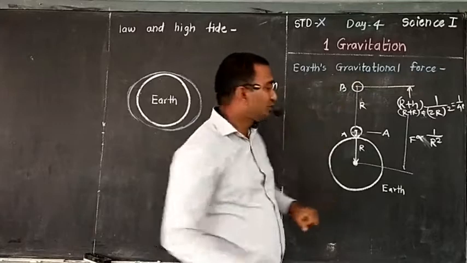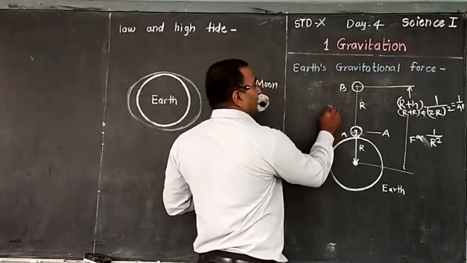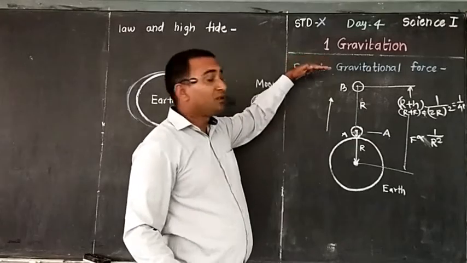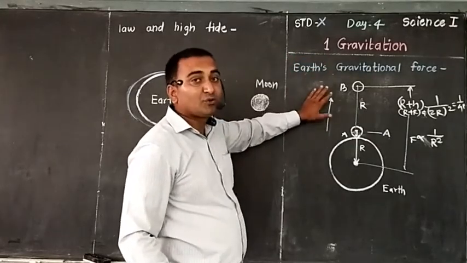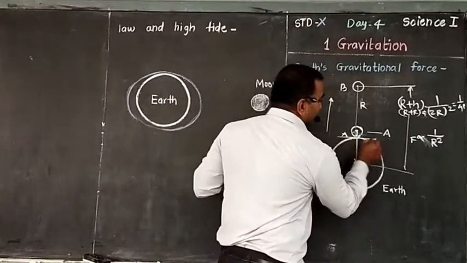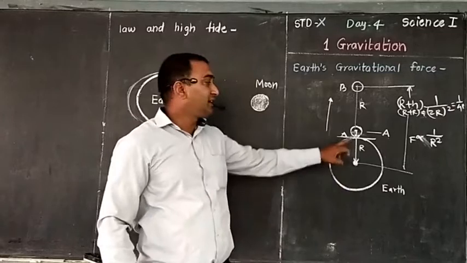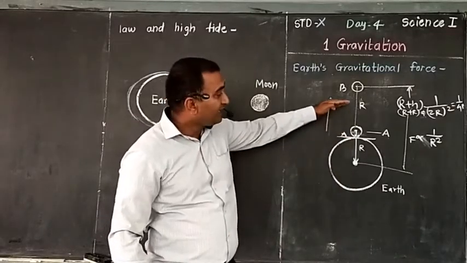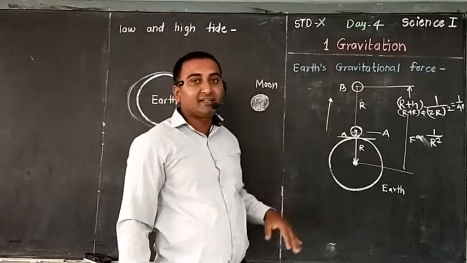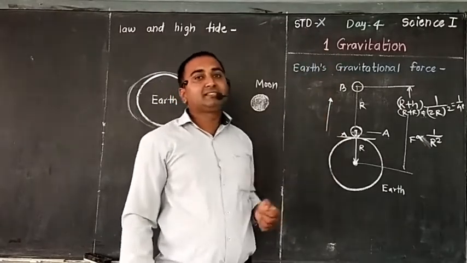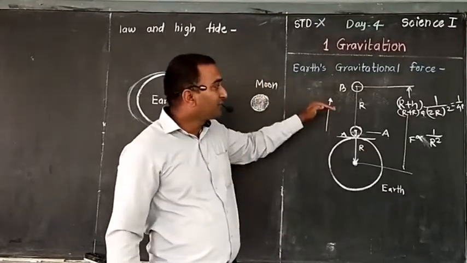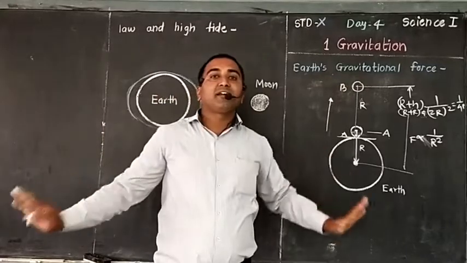So what is our conclusion? As we raise the object above the surface of the earth, the gravitational force goes on decreasing. So where is it highest? It is highest at the surface of the earth. As we increase the height of the object, the gravitational force goes on decreasing, and as it decreases, it must become zero at one point, and after that there will be no gravitational force.